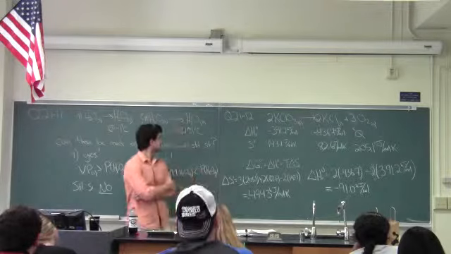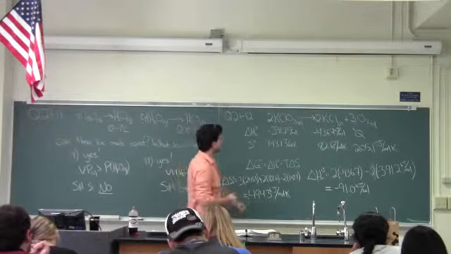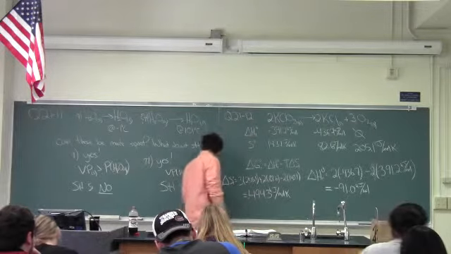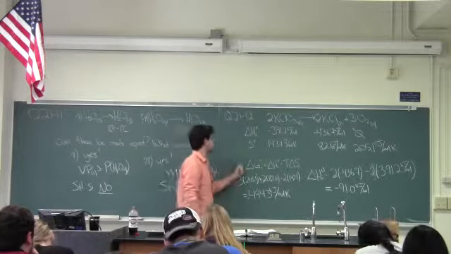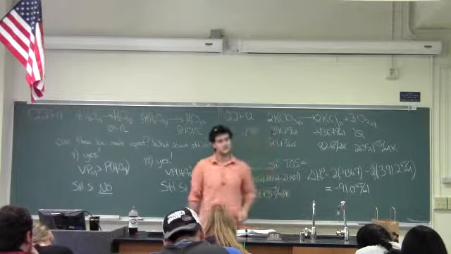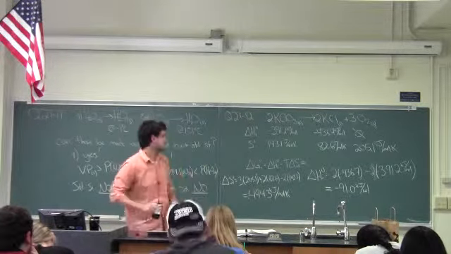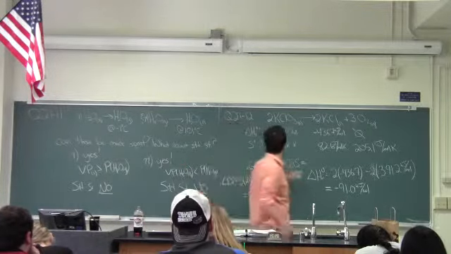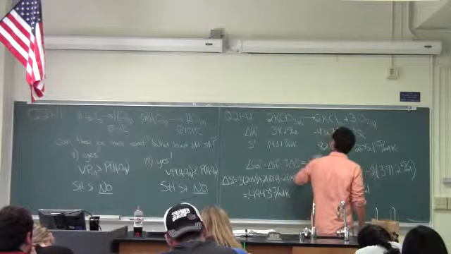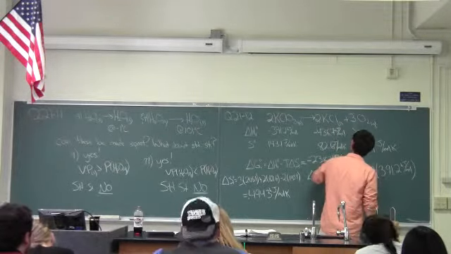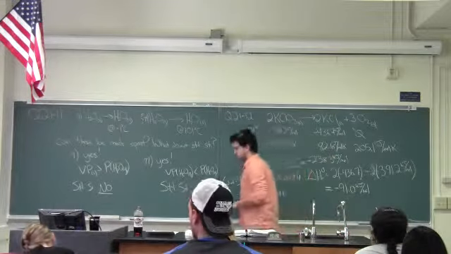Okay, so the next thing that we're going to do, since we're already in kilojoules per mole, if somebody wouldn't mind computing the Gibbs free energy of formation in the standard state of this reaction, please. It's negative 238.3. Negative 238.3 kilojoules per mole.